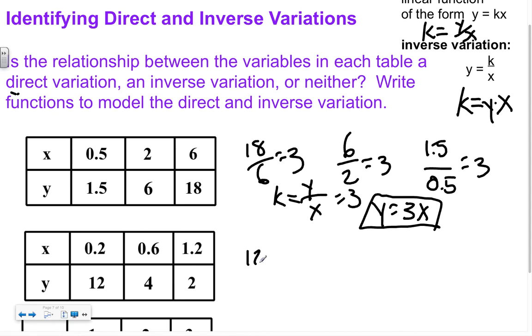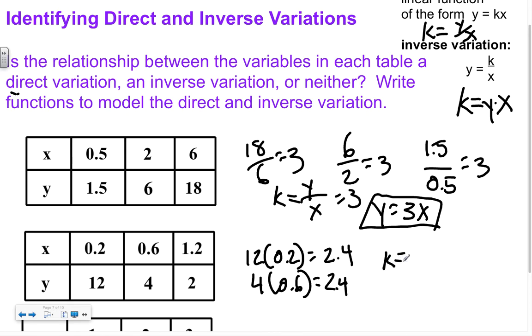let's see what happens. 12 times 0.2, that's going to give us a 2.4, because we just do 12 times 2 is 24 and move the decimal over one time. If we do 4 times 0.6, that will also give us a 2.4, and 2 times 1.2 will also give us 2.4.